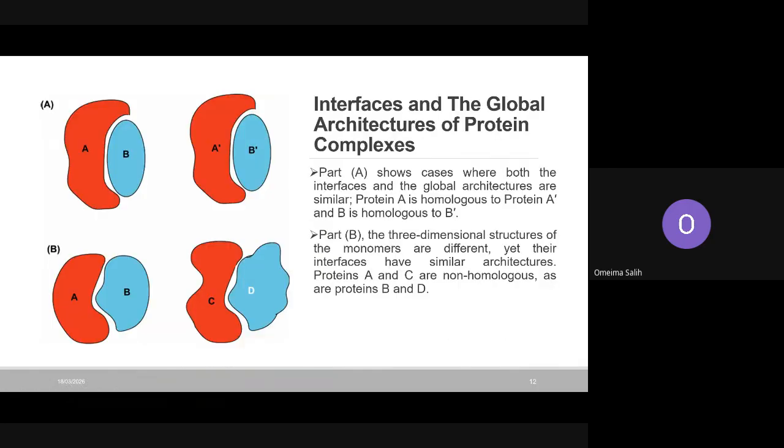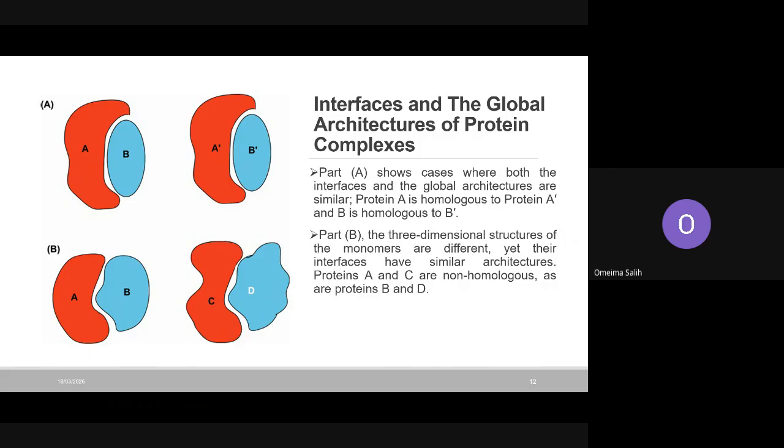Another type of interaction is the architecture or the conformation of the protein. So the structure of the grooves and the three-dimensional structure of the proteins themselves can lead to the production of protein-protein interaction.